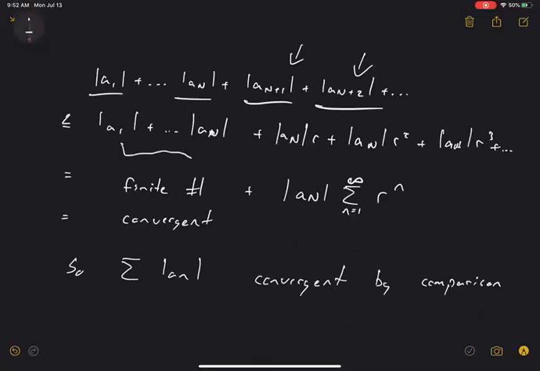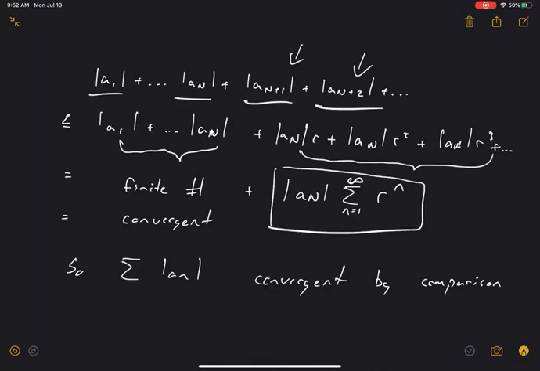So these first N terms, maybe there's like 100,000 of them or whatever, maybe there's a lot of them, but it's still a finite number of terms, and I can add those up, and they're always going to add up to a finite number, right? So this part's always finite. And then from here on out, what is this? This just becomes a geometric series. We can factor out that a_N, and then we have a series R to the power n. And that R is less than 1, right?